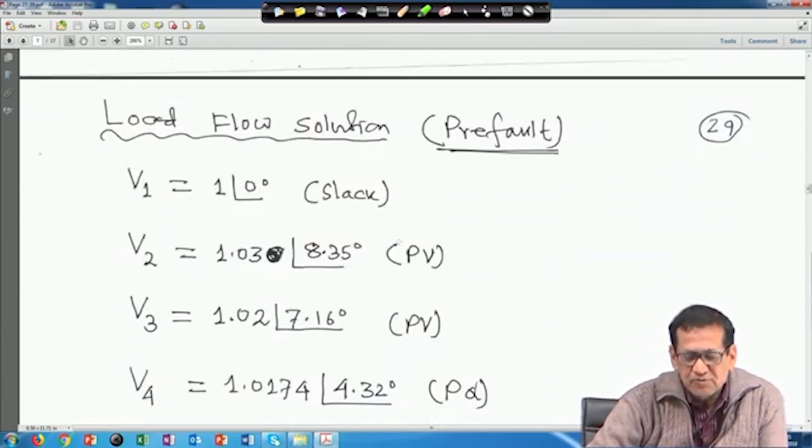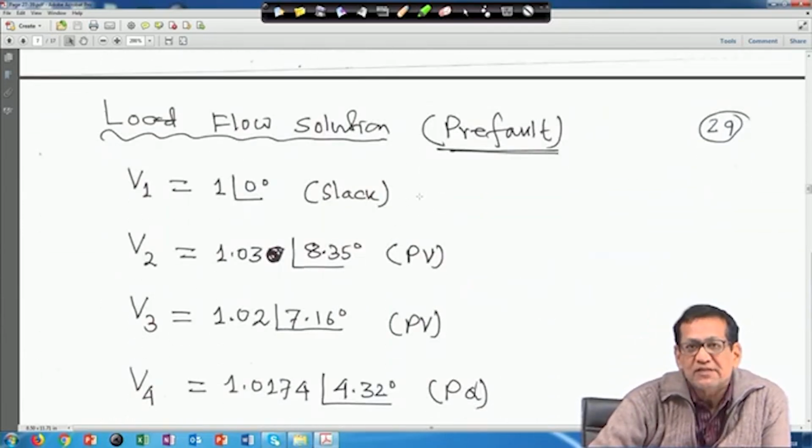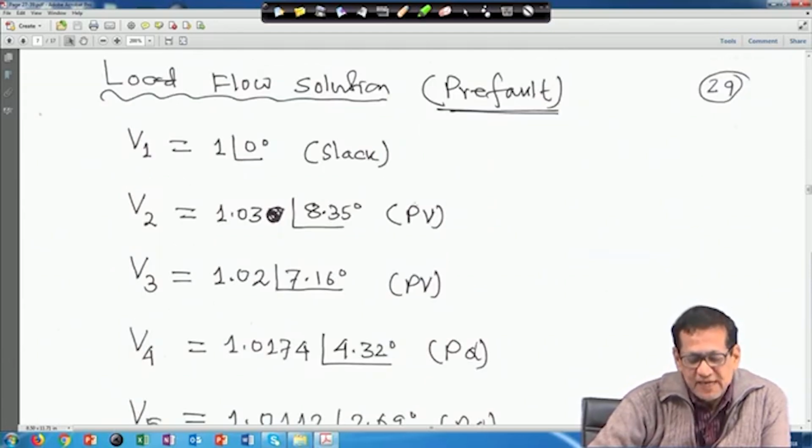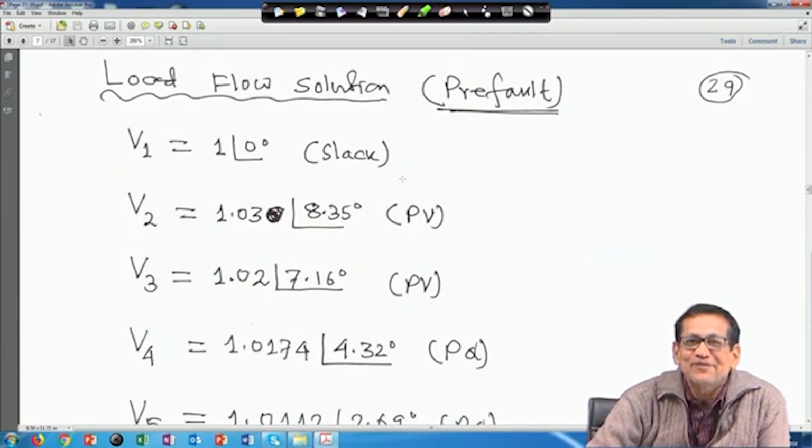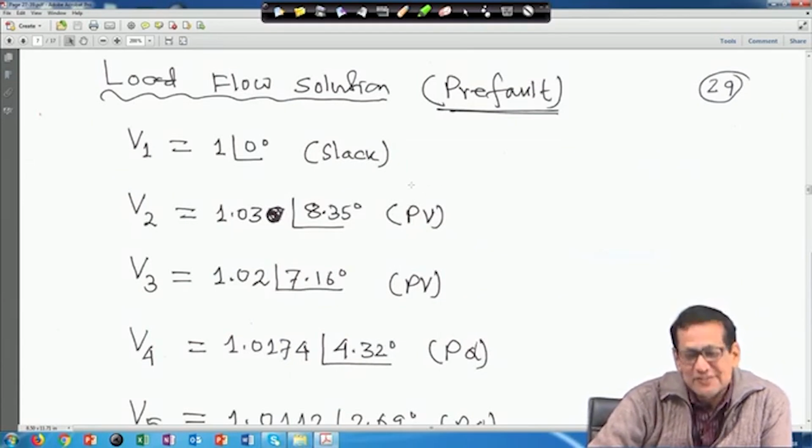These are the load flow solutions for the pre-fault condition. You have to run the load flow and get them, but for assignment or exam purposes this solution will be given, because in an exam it is not possible to simulate. So, V1 is equal to 1 angle 0, the slack bus. V2 is 1.03 angle 8.35 degrees; bus 2 is a PV bus, so voltage magnitudes are specified.